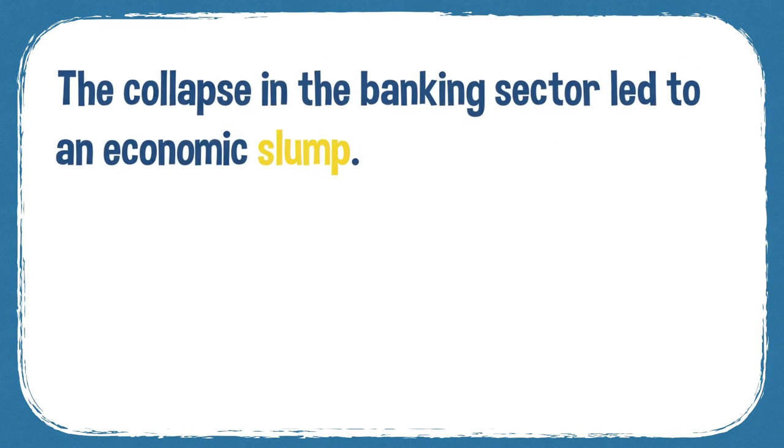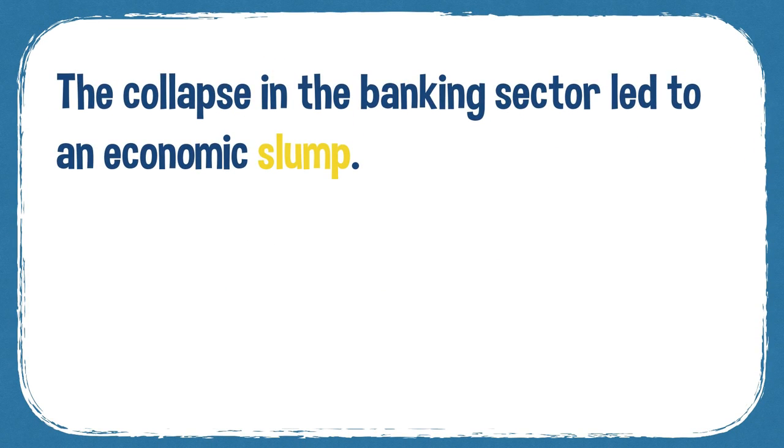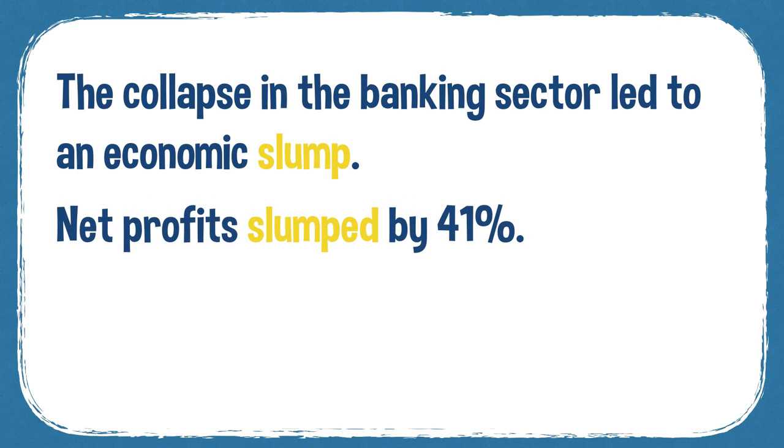Now the word bust I mentioned just now, another word for bust is slump. Slump. It's when there is a decrease in economic growth or stagnation. So there are fewer jobs. People spend less money. For example, the collapse in the banking sector led to an economic slump. Net profits slumped by 41%.